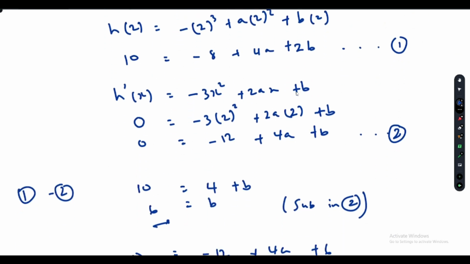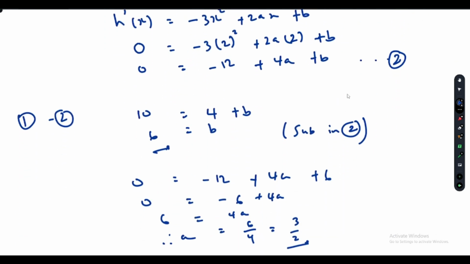So what we take away from this particular question is the overall method as to how to find the equation of a cubic graph when given the turning points, a turning point or actually sometimes both turning points. What we're going to do is make sure that we know that we're going to solve simultaneously.